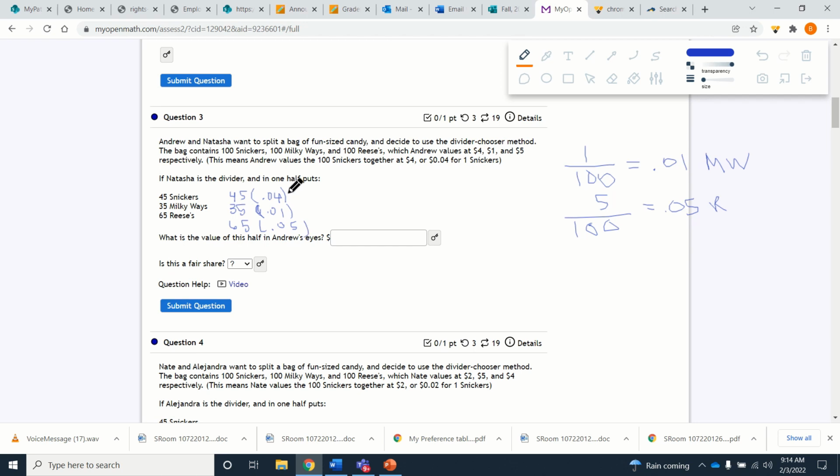So if we multiply 45 times 4 cents, that's $1.80. So he would value those at $1.80. And he'll value these at 35 cents. And then let's multiply the 65 times 0.05.